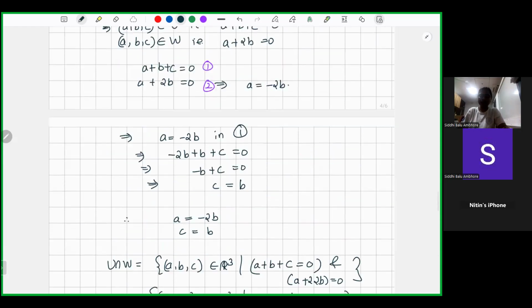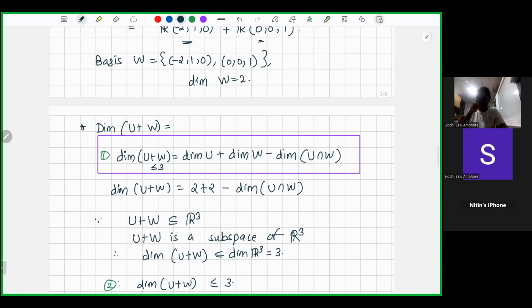For example, in the case of R3, we had dimension of U as 2, dimension of W as 2, and the addition of them had dimension 4. So if the dimension of U plus W needs to be less than or equal to 3, that gives me that the dimension of U intersection W must be at least 1 for this equality to make sense, and using this we could directly conclude that U plus W do not form a direct sum in R3.